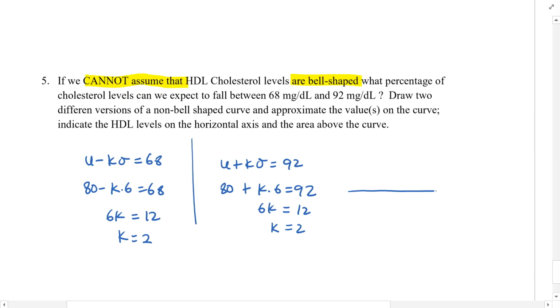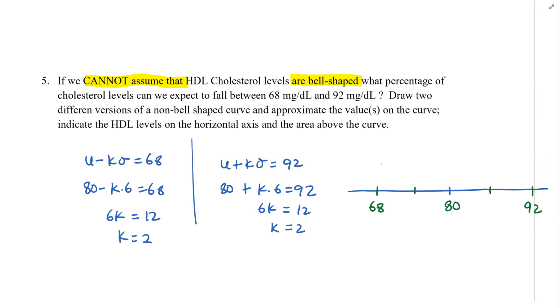This is my mu, that's 80. This is 2 standard deviations, so that would be 68 here, and that is 2 standard deviations above the mean, which is 92. I want to find the percentage from here to here.